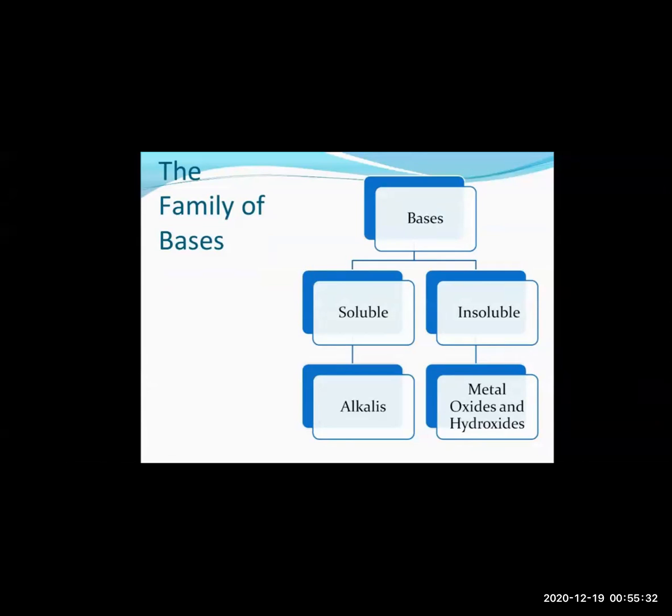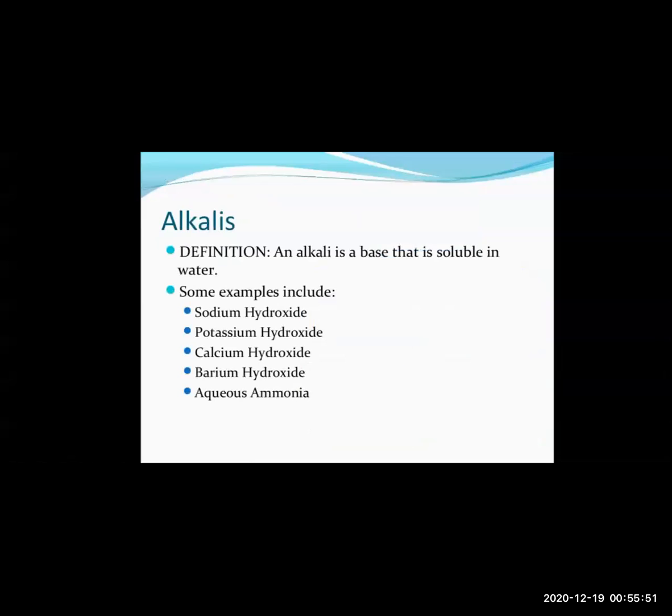I told you that when bases are soluble in water, alkalis are produced, and when they are insoluble in water, metal oxides and hydroxides are produced. This I will show you in the next slide so that you will understand with an example.